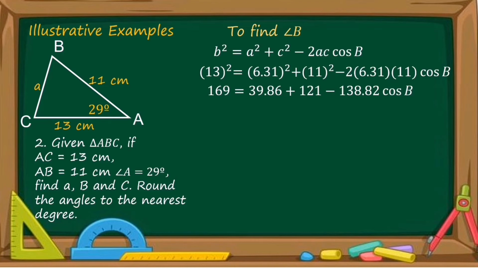The product of 2, 6.31 and 11 is 138.82.